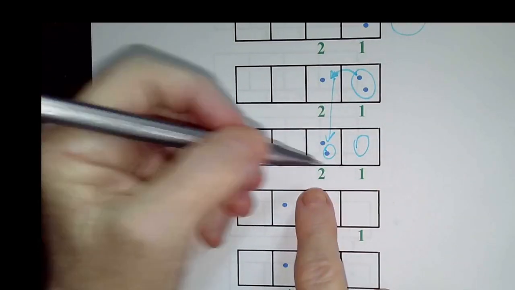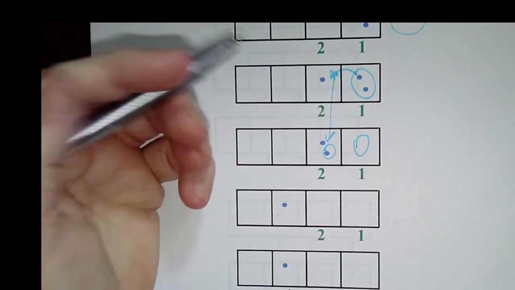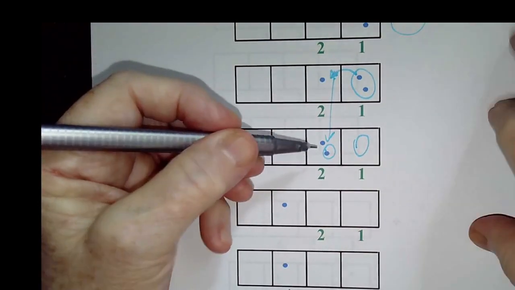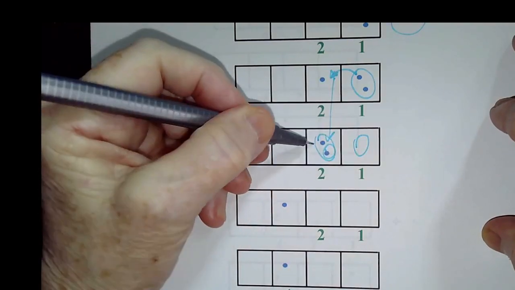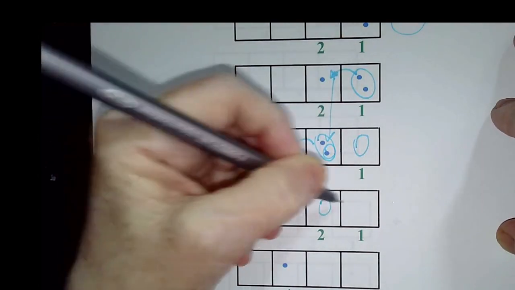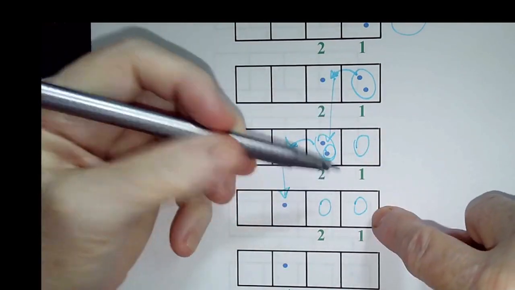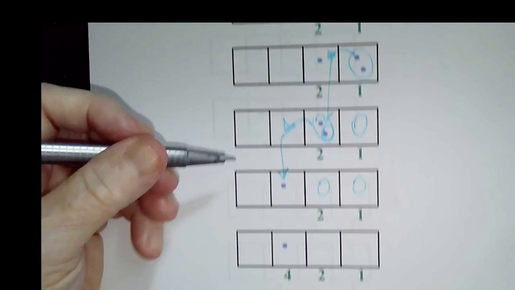And now, again, we can't leave 2 dots in a single box using this rule. So we're going to collapse these 2 dots to the left. And now we see we've got 0 dots in the 1's and 0 dots in the 2's.